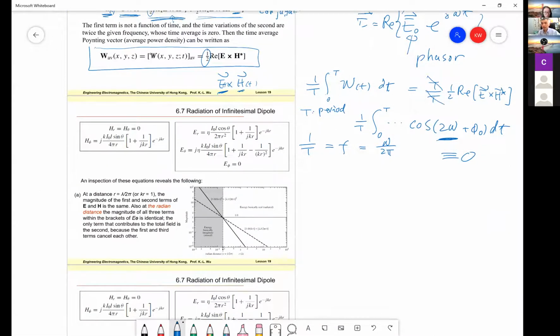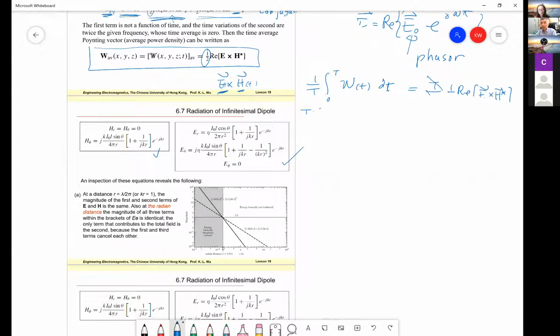It's much more convenient. This is the solution we just obtained. We got the magnetic field, we got the electric field. This is the exact solution.